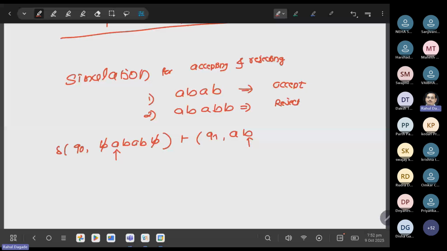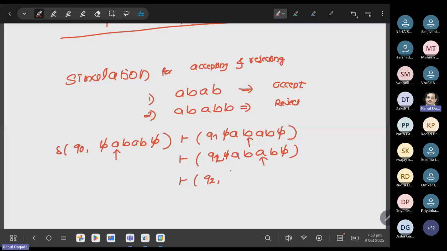Now what Q1 is doing for B, it is going to Q2 state. A, Q2, B, and moving pointer to the right. And what Q2 is doing for A, it is remaining into the same state Q2, just consuming A, blank, A, B, A, B blank, moving pointer to the right.